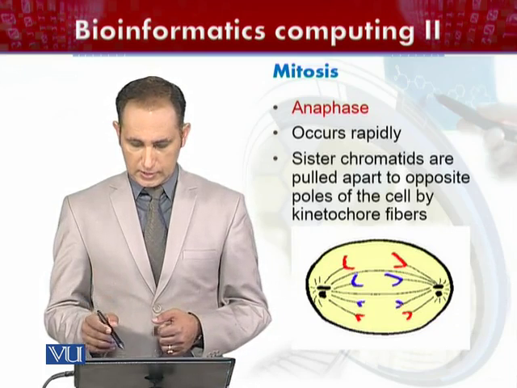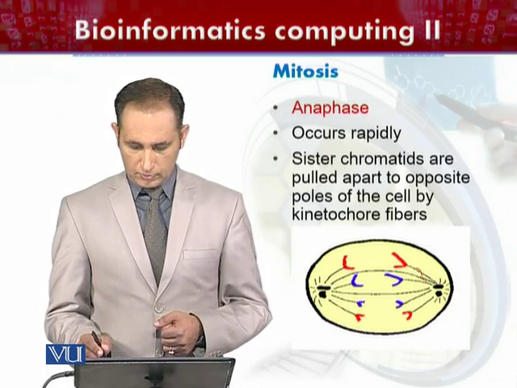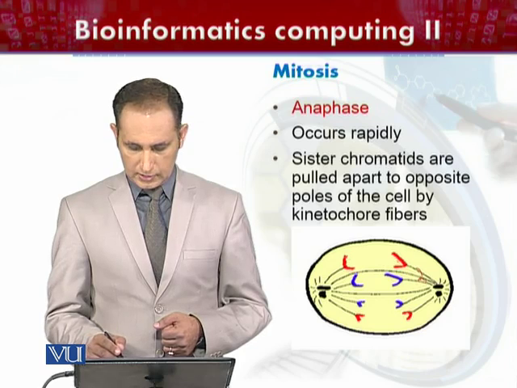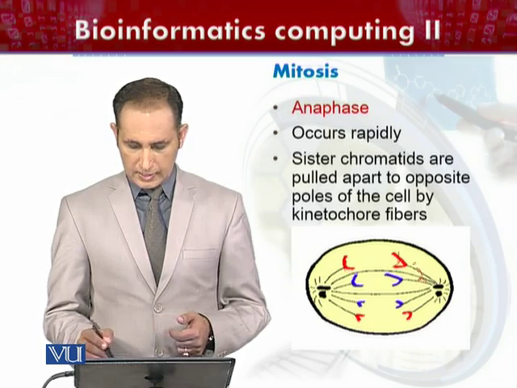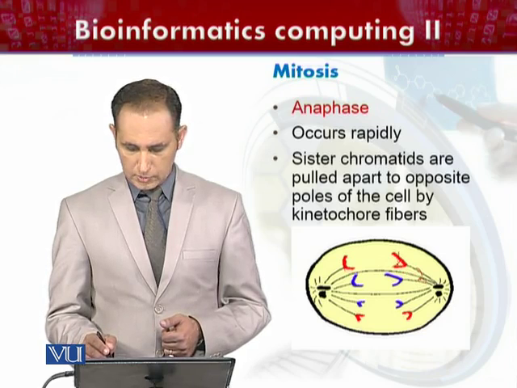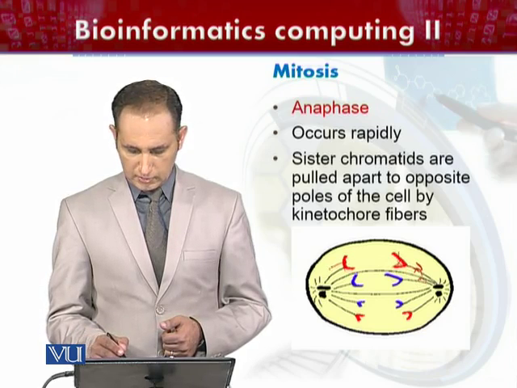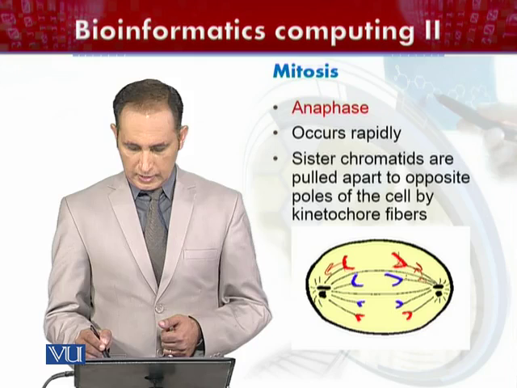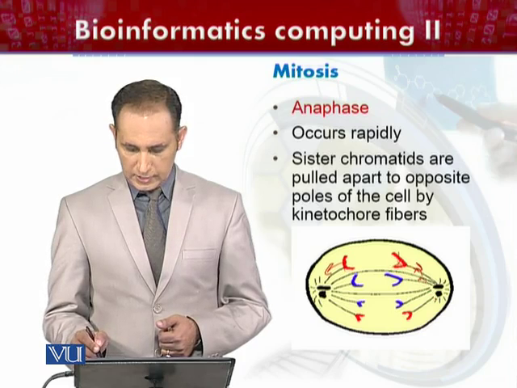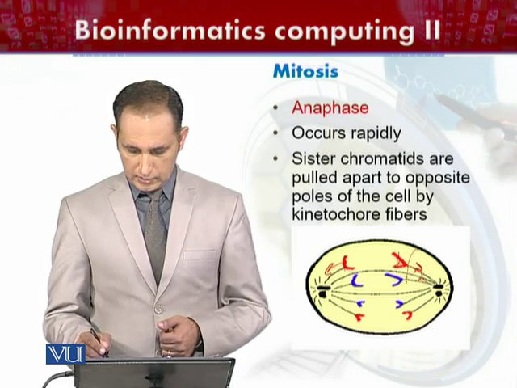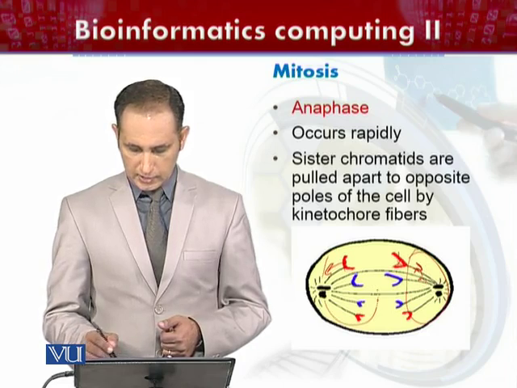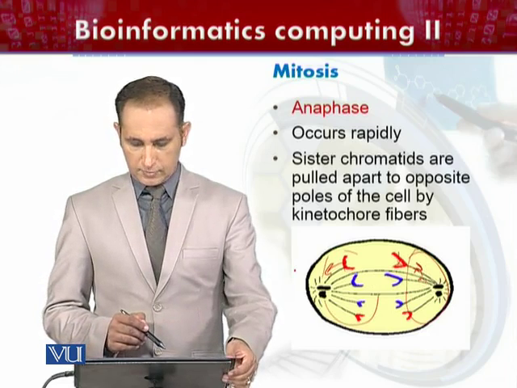Here in this diagram we can see that the kinetochore fibers are exerting pull, and the chromatids are moving apart, one group this way and the other toward this pole. They move gradually and will be grouped over here and here in the next phase, telophase.